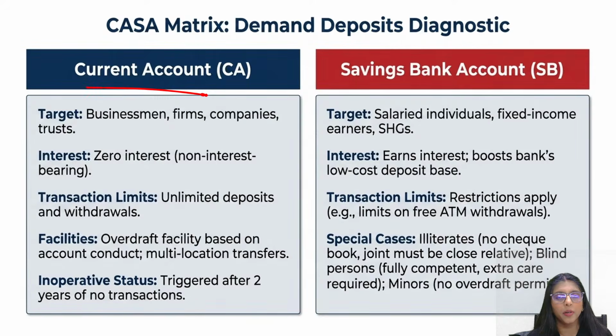Interest is earned, which boosts the bank's low cost deposit base. Transaction limits and restrictions apply, for example a limit on free ATM withdrawals. So there are restrictions in a saving bank account as per the bank. Special cases like an illiterate person, minor, or blind person can open a saving bank account.